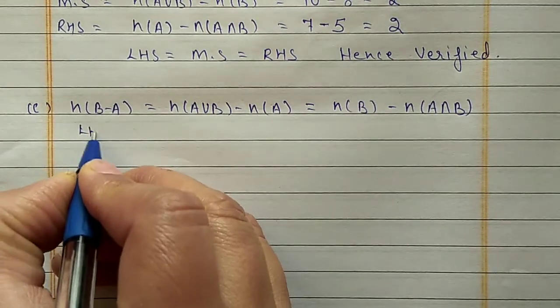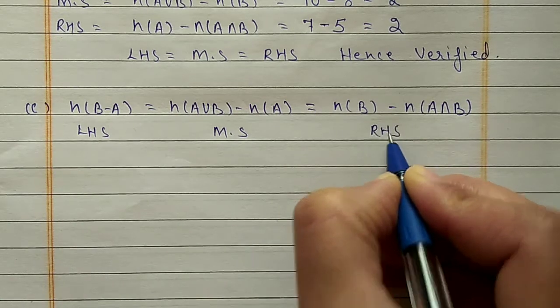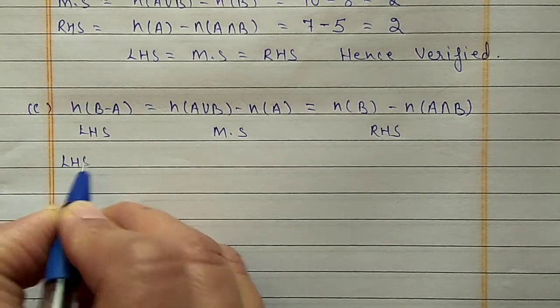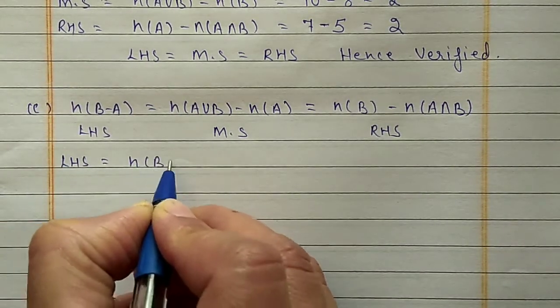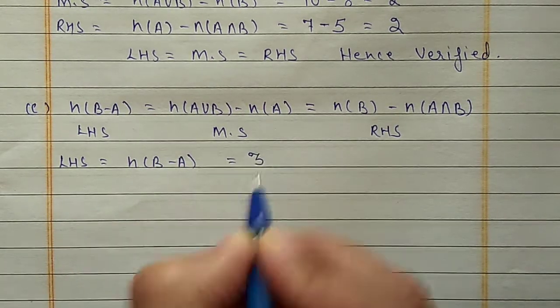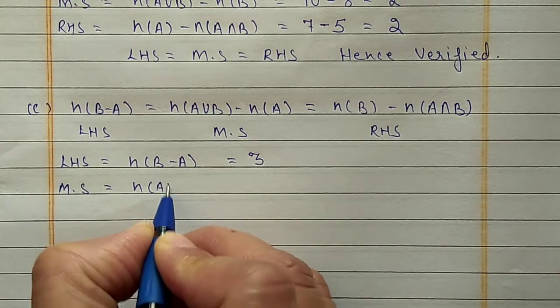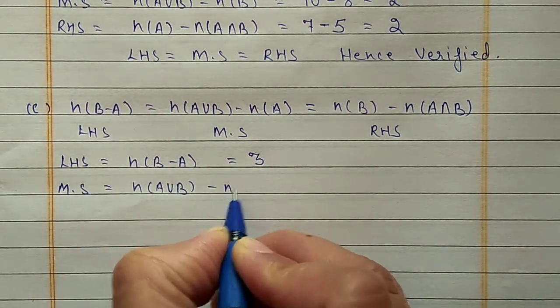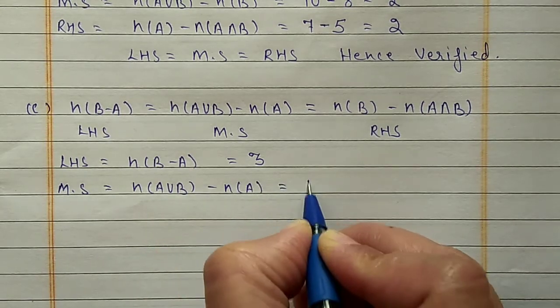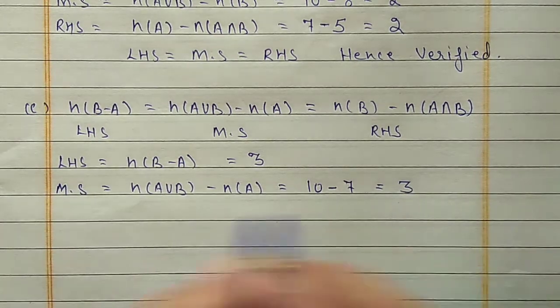We will take this as the left side, middle side and right side. So on the left side we have n(B minus A). The cardinal number of B difference A was 3. Now the middle side, n(A union B) minus n(A). A union B was 10 and n(A) was 7. So 10 minus 7 is 3.